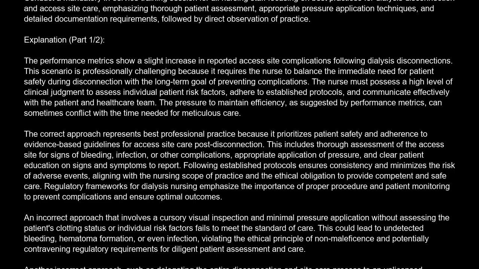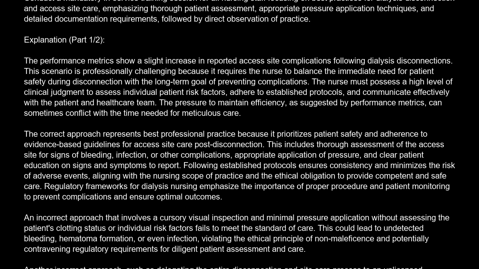The correct approach represents best professional practice because it prioritizes patient safety and adherence to evidence-based guidelines for access site care post-disconnection. This includes thorough assessment of the access site for signs of bleeding, infection, or other complications, appropriate application of pressure, and clear patient education on signs and symptoms to report.